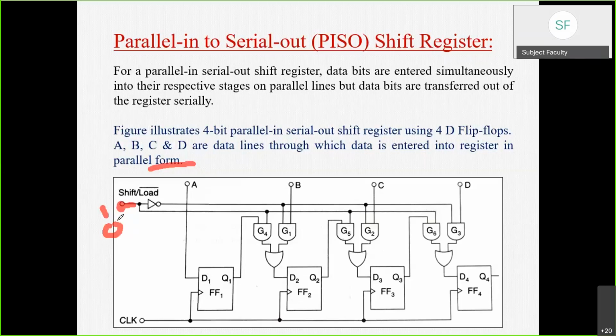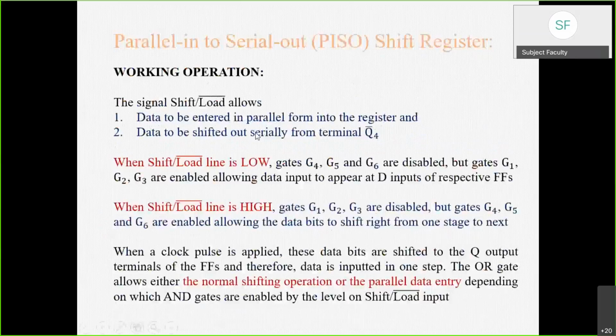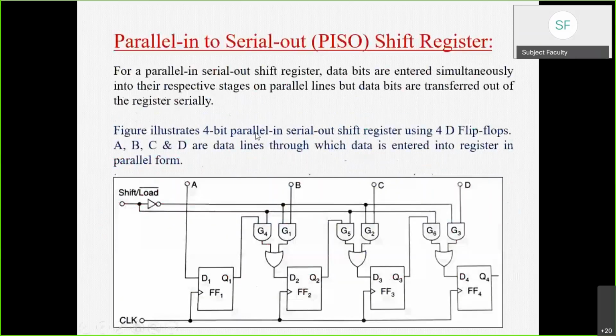When this shift load line becomes low, that is, when this particular terminal becomes low, it means 0 is applied to this input line. Now observe, one inverter is connected here. This is the NOT gate. The input of the NOT gate is 0, so the output of the NOT gate will be 1. So the above line will become logic high.